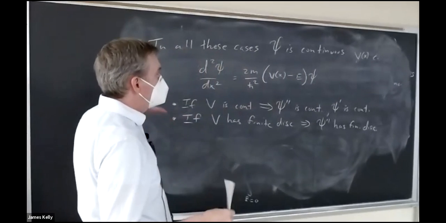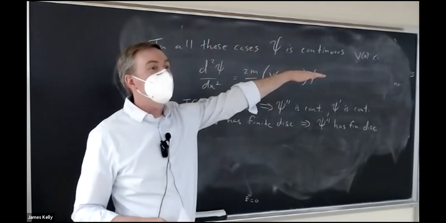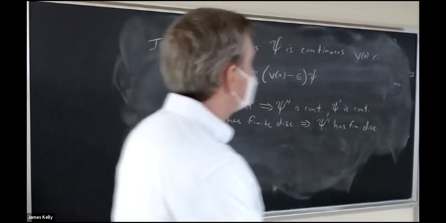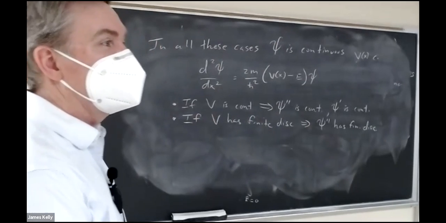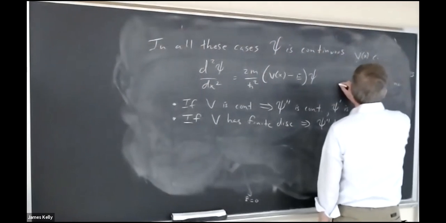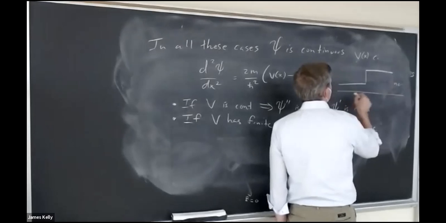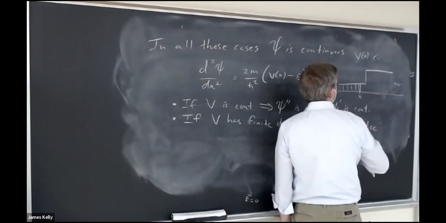If psi double prime has a finite discontinuity, when you integrate that, what is that going to tell you? Is psi prime going to be discontinuous, or will psi prime be continuous? In other words, if I have a function that looks like this, as a function of x, and I start integrating to position x, there's a certain area under the curve.